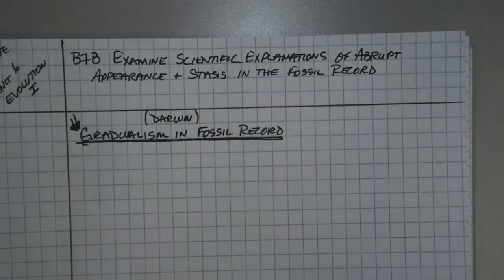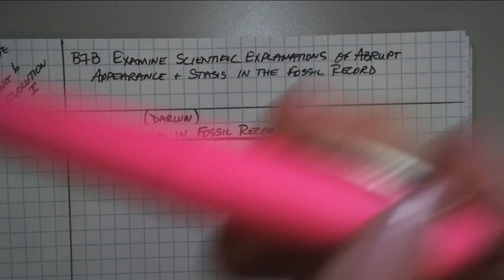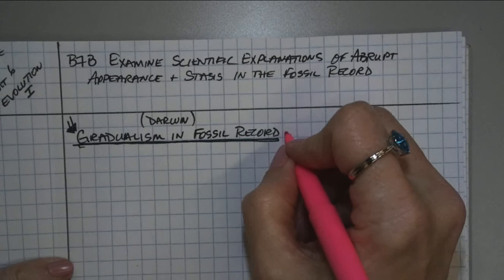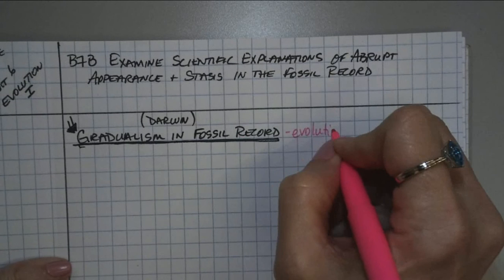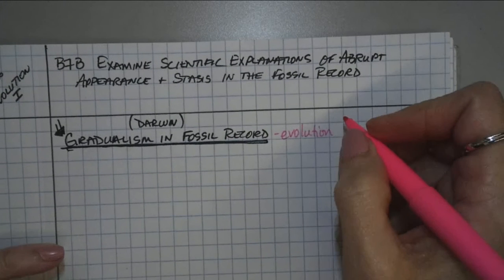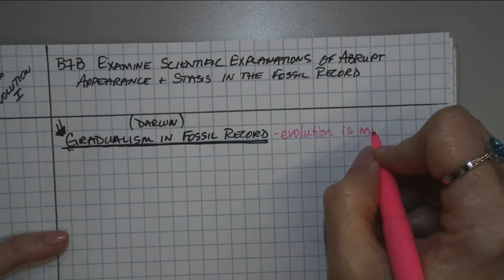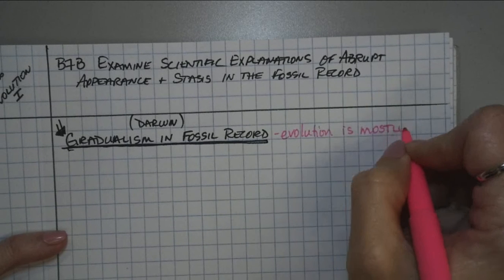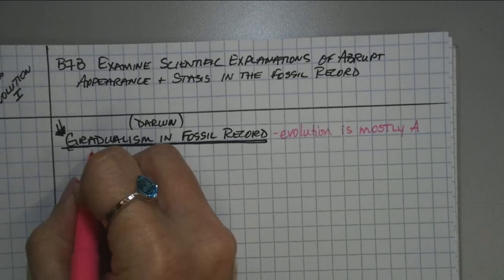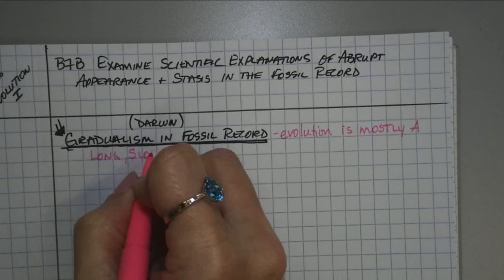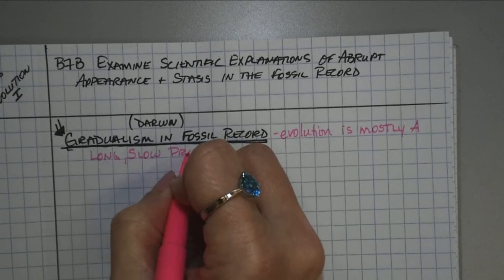And gradualism says that evolution is mostly a long, slow process.